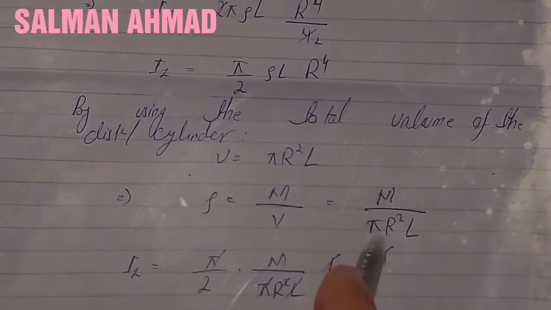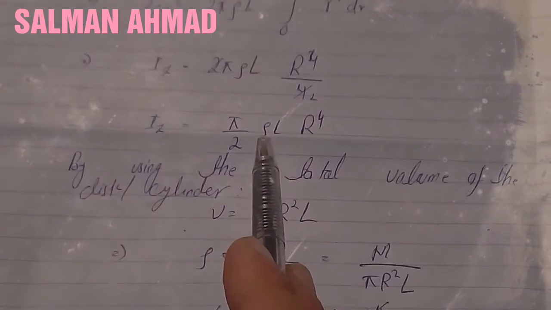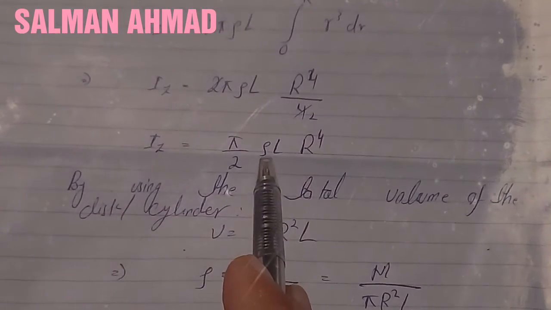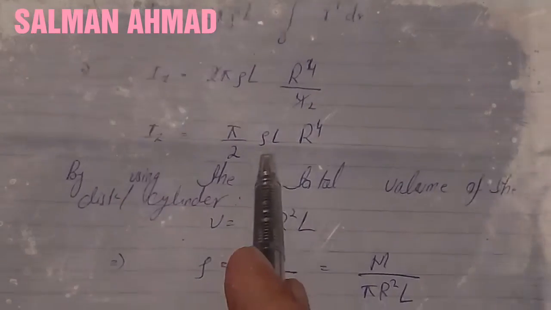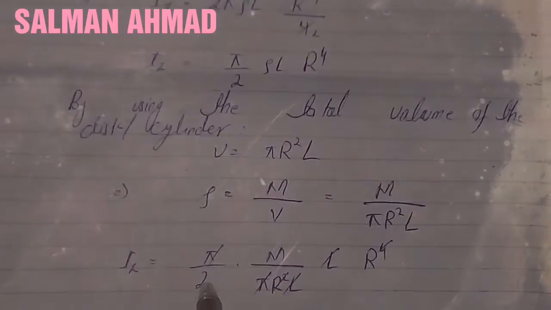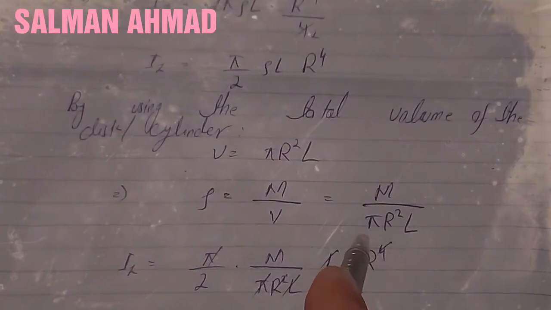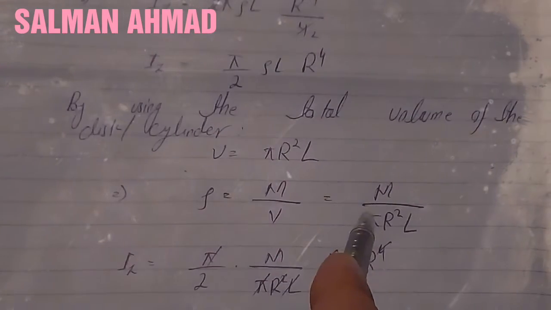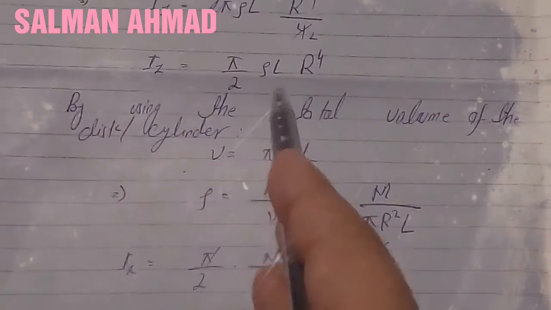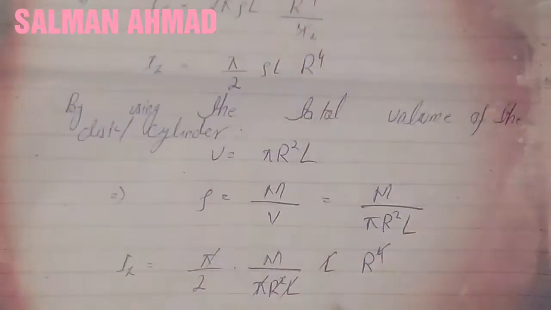Putting this density equation into this equation, as you can see, here pi by 2 from there, and M divided by pi r square L from here, and L is the same, and r power 4.